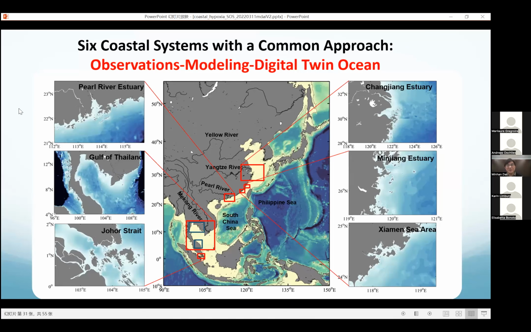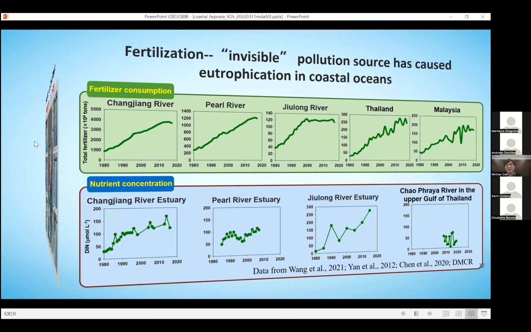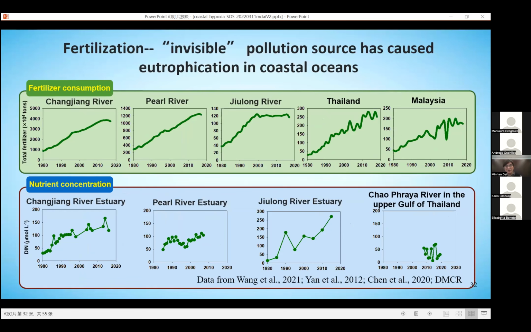And we picked 6 model systems and try to use a common approach between observation, modeling, and digital twin ocean. That's from the Pearl River, Changjiang, and Minjiang, within China, and the Gulf of Thailand and Johor Strait, outside in the East Asian seas. Just to reiterate the fertilizer-driven system, between those four systems, Changjiang, again, Minjiang in Fujian province, Thailand, and Malaysia, you see the nutrient concentration response to the fertilizer usage.